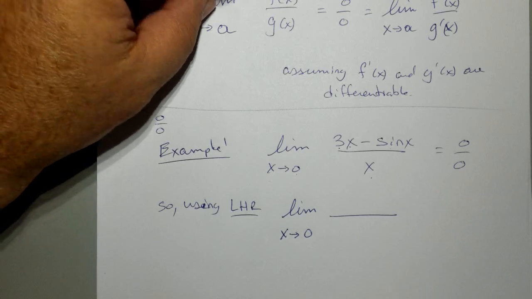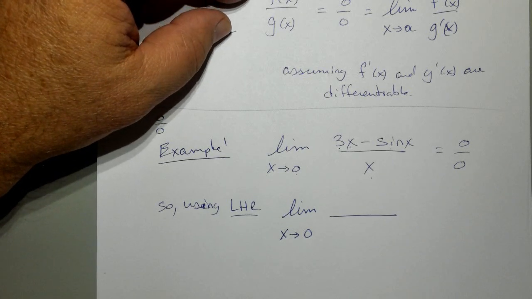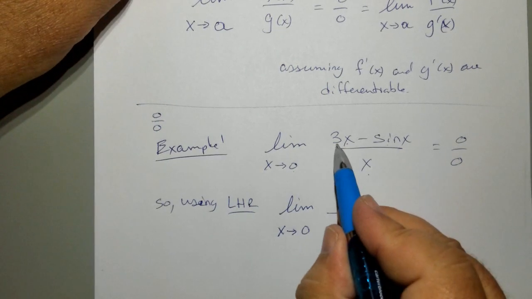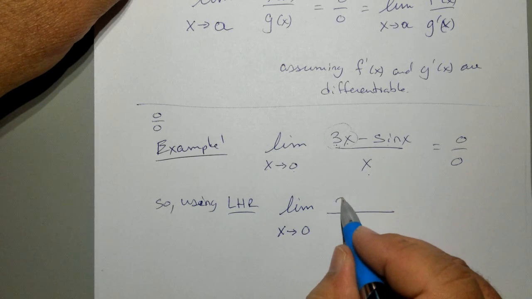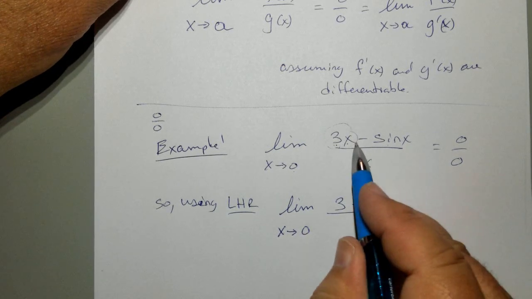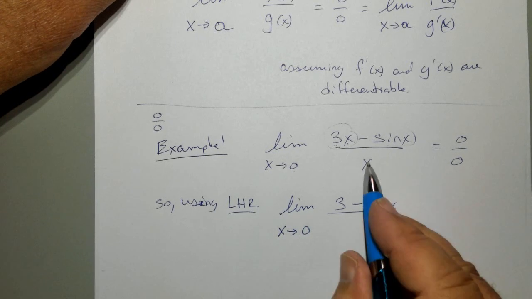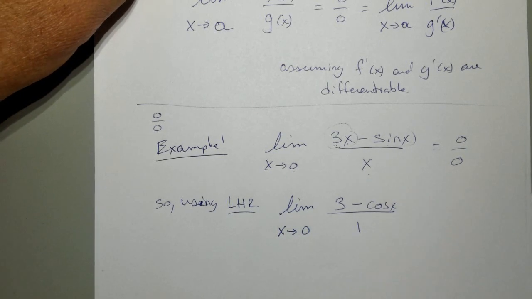What's the derivative of the numerator? Derivative of 3x is 3. Derivative of sine is cosine. Derivative of x is 1.